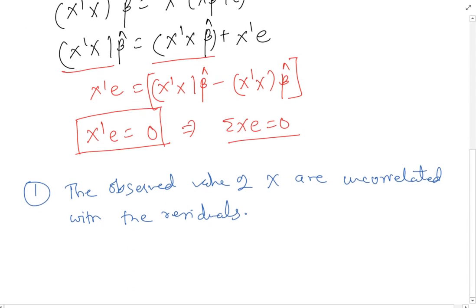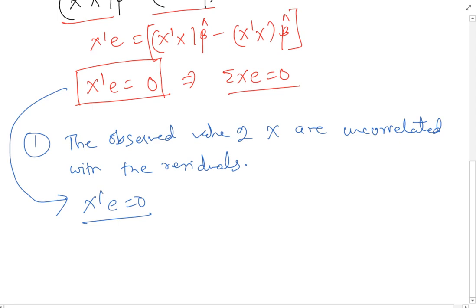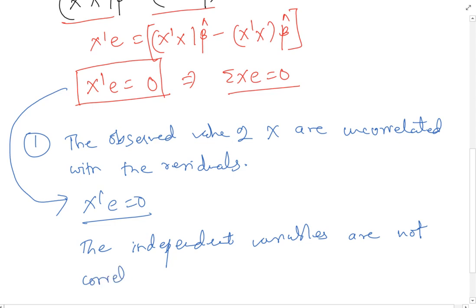It means that x transpose e equals 0, that we have already proved. It means that the independent variables are not correlated with the error term.